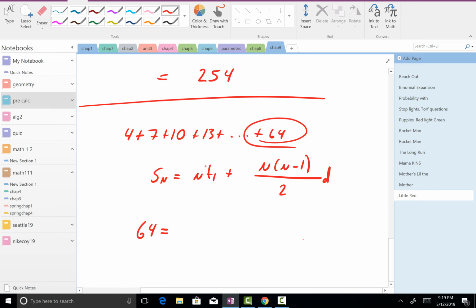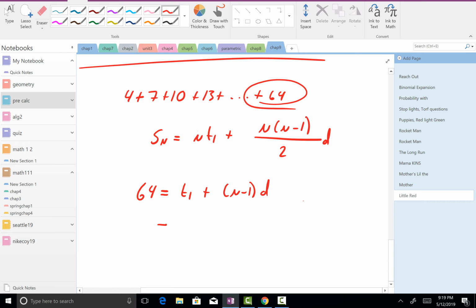So we need to use that term to figure out what n is. First you have to decide, well, what kind of a series is it? And it's obviously growing by 3, so that makes it geometric. So then you could use this formula, which generates your geometric or your arithmetic terms. It's obviously arithmetic. I probably said geometric. I should be doing this later. But anyway, we got 64 here.